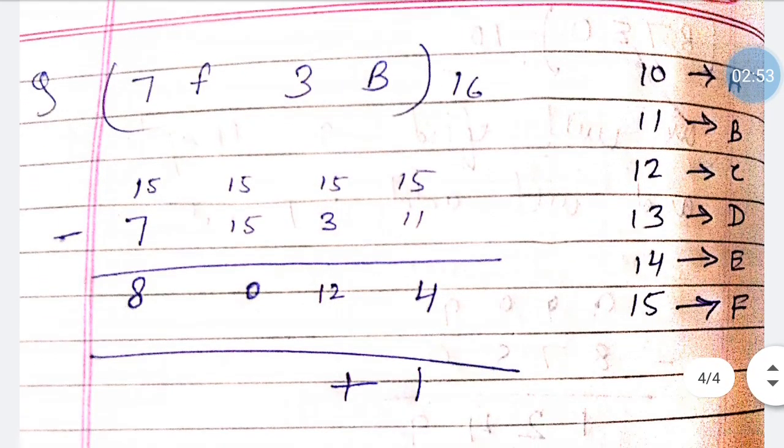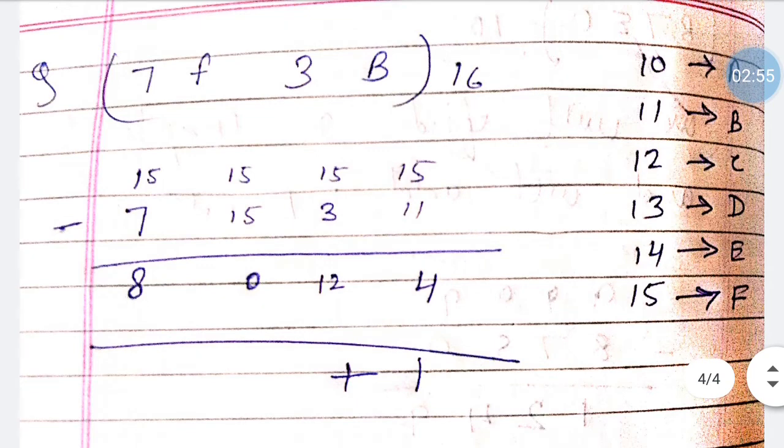Next up we have a hexadecimal number, 7F3B. So we have to find the 16's complement of the hexadecimal number 7F3B. F means 15, B means 11. So we have to find the 15's complement first.